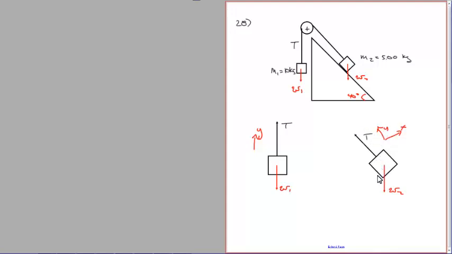This force is actually somewhere in the X and Y direction. So we're going to break this force up into 2 parts. We're going to have a Y direction part, and we're going to have an X direction part based on this definition. So this will be W2Y, and this side will be W2X, and this will be W2. So let's go ahead and do that out of the way.